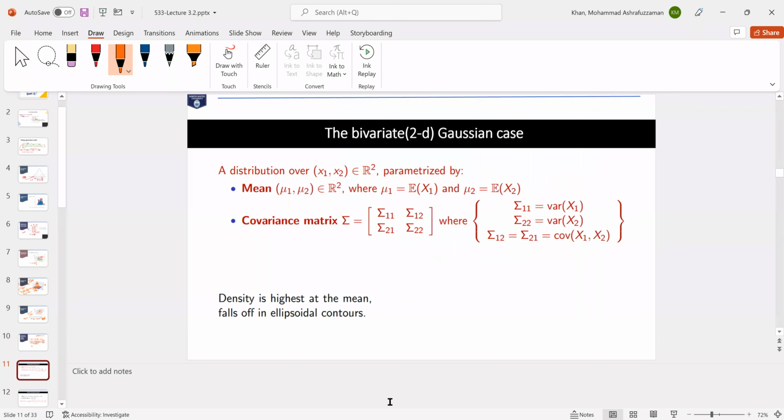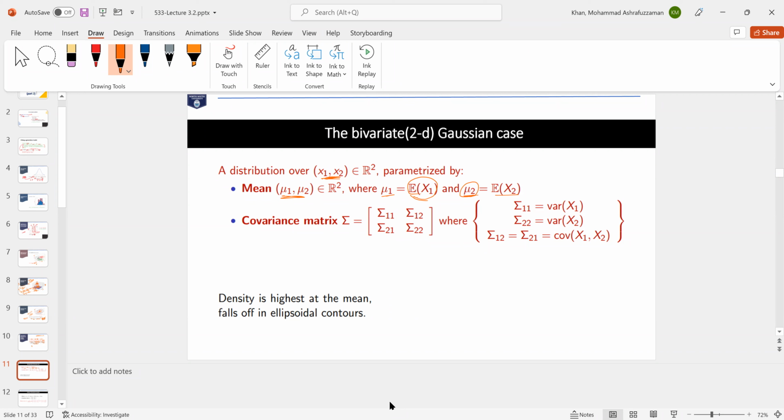Okay, so for the bivariate Gaussian case, again, there will be only two features. The dimension of the mean vector will be 2 by 1, and mu1 is the expectation for the feature x1, and the other element of the mean vector, mu2, will be the expectation of the other feature.